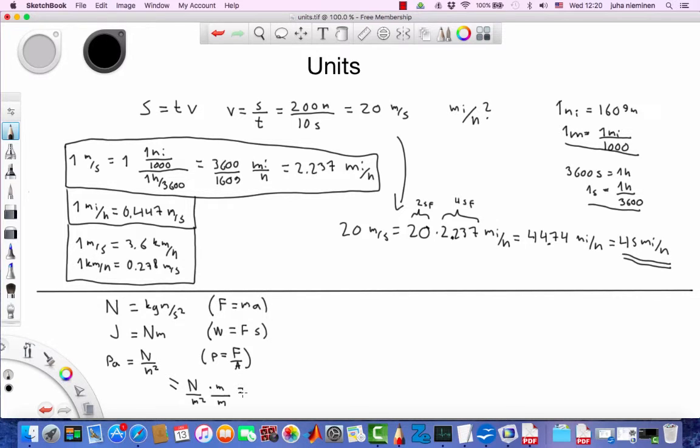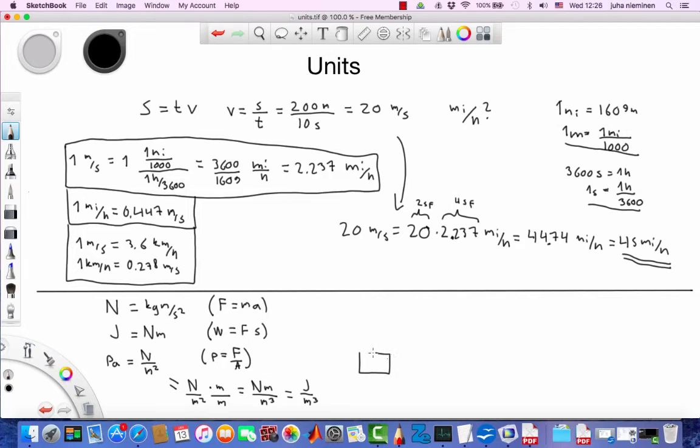And what then follows is we get Newton meters per meter cubed. And now we suddenly see that, oh, we have Newton meters here. That's joules, the units of energy. So basically, what we are claiming here is that 1 Pascal is some amount of energy in a certain volume. And that is, in fact, just another definition of pressure.